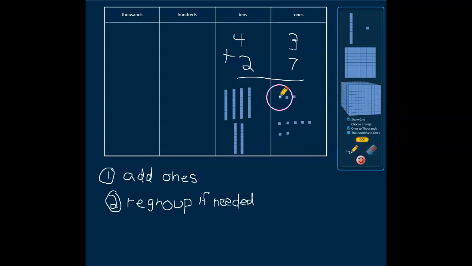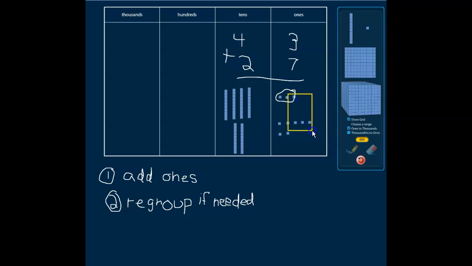I can tell right away I'm going to need to regroup because I set up my ones like a 10 frame. I have 5, I have 2, that makes 7. I know I need 3 more to make a 10. There's my 3 more that I need to make a 10.